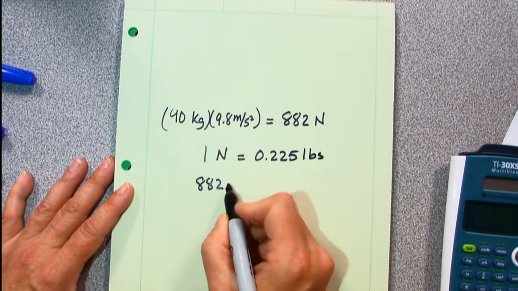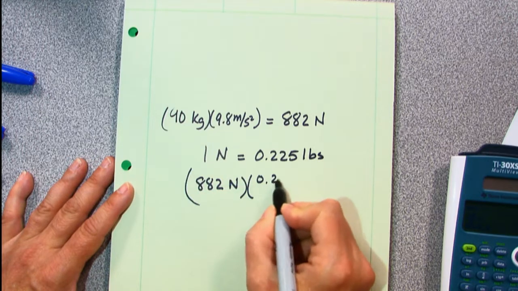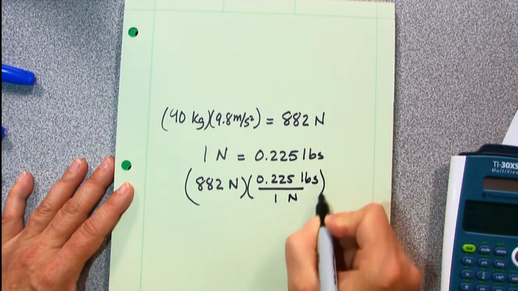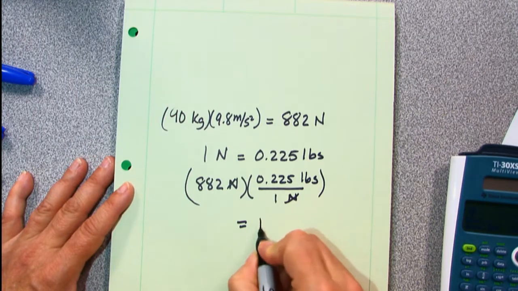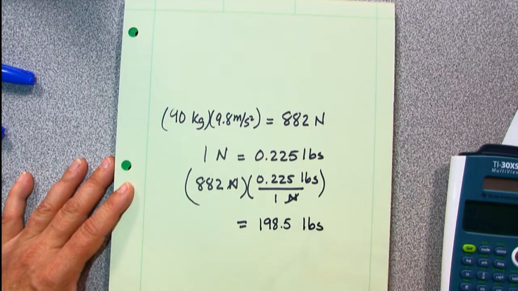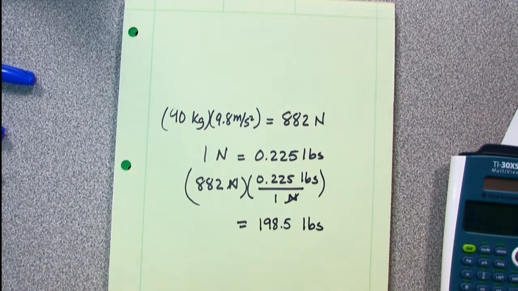So 888 newtons times 0.225 pounds divided by 1 newton, newtons cancel, is 198.5 pounds. So 90 kilograms for a football player is a reasonable number.